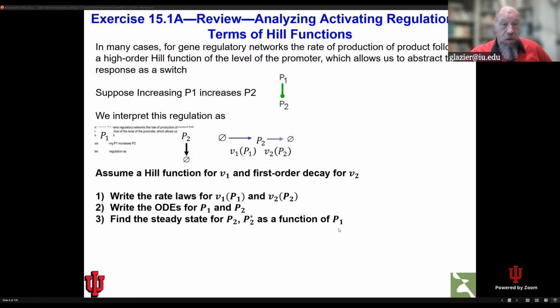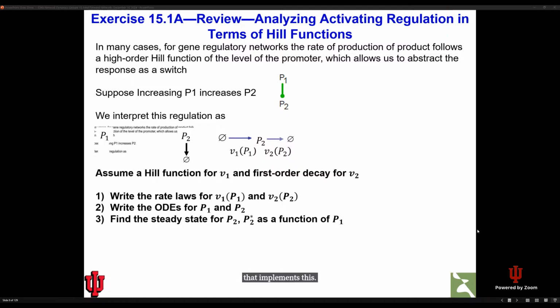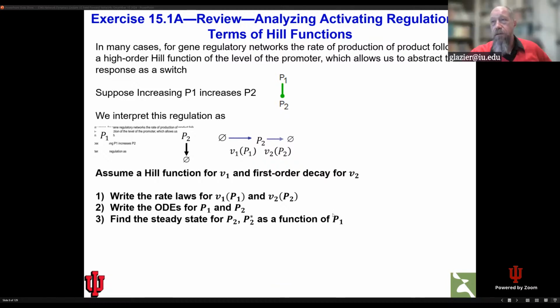can launch a notebook, you could type the antimony string that implements this. So you'd have one rate law, which is nothing goes to P2 with a Hill function rate, depending on P1.